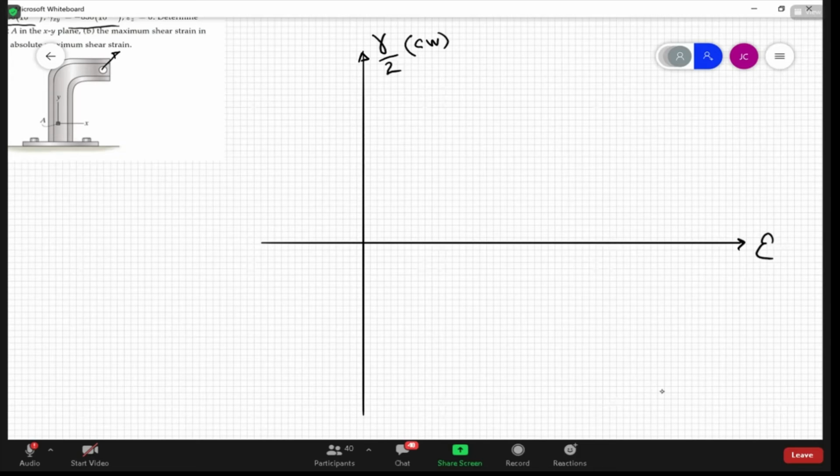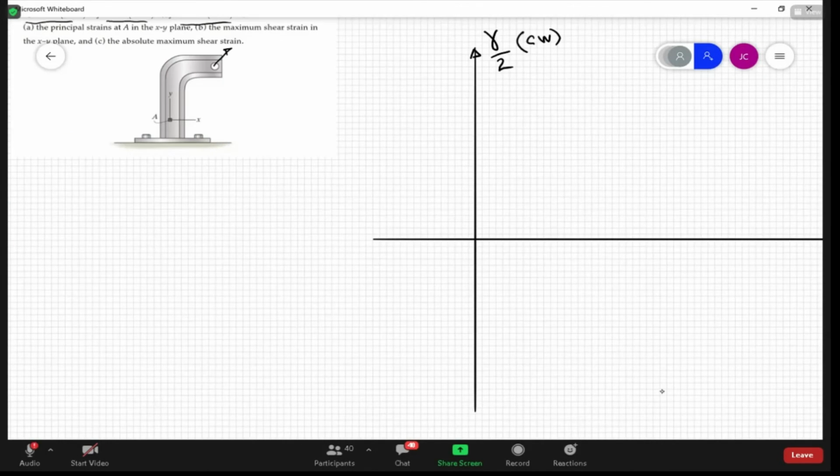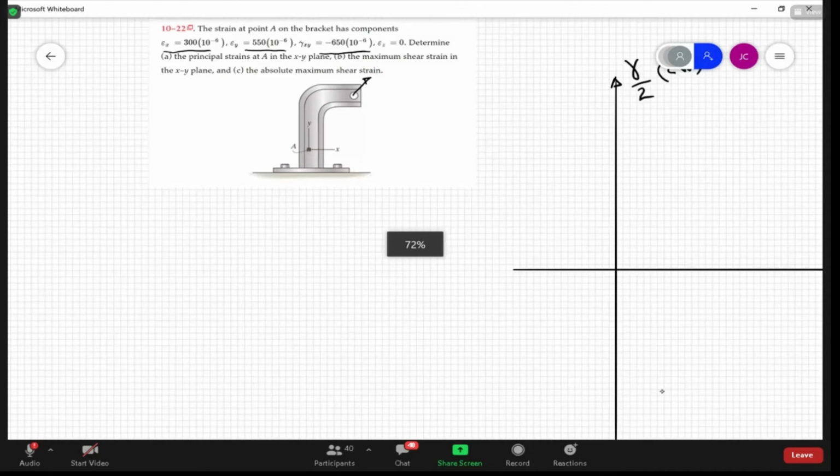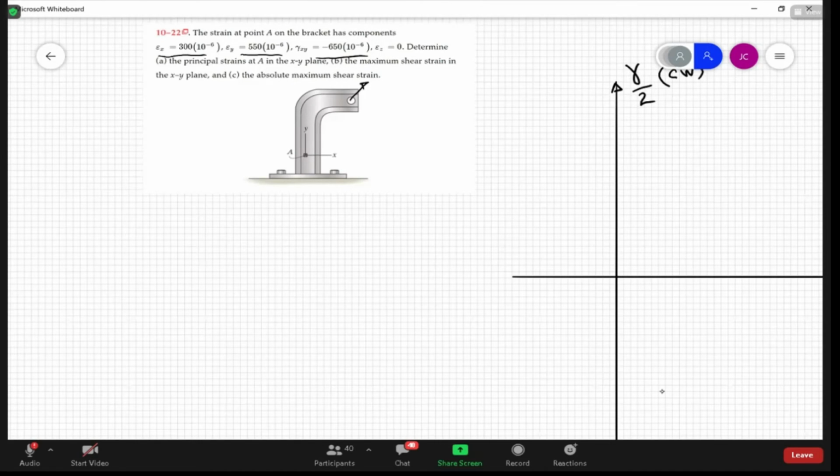So let's just talk about that a little bit. All right, so there's our axes. Let's visualize this. If we had a component like this, I'm going to draw it in the XY plane. So let's see if this will make a cube. Good, it did it. I'm going to draw the deformed cube in blue.